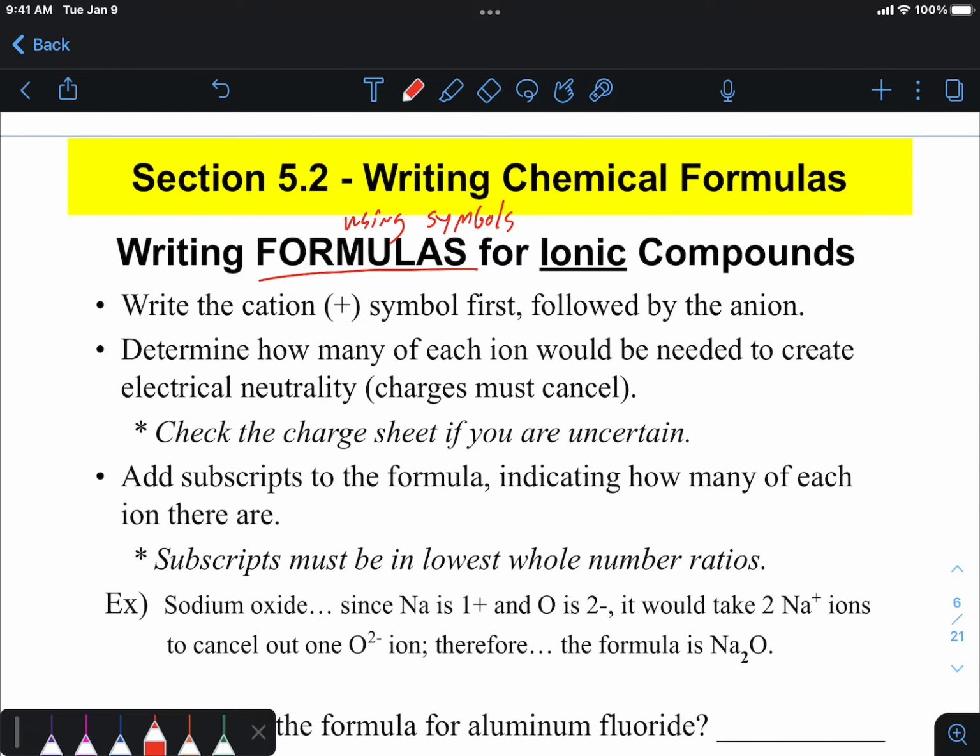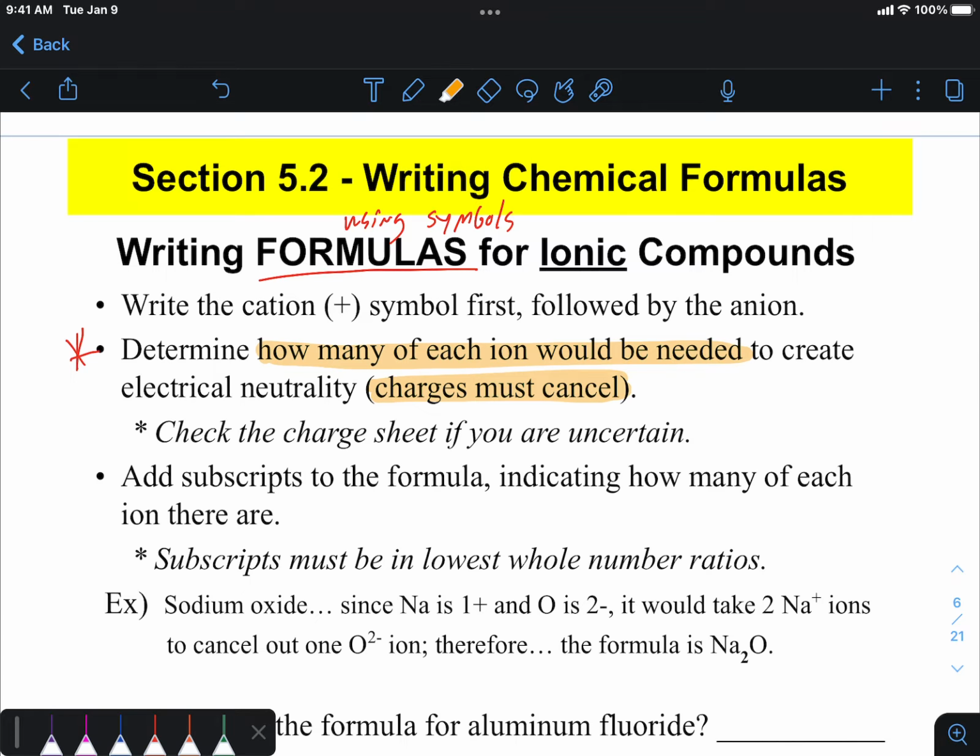So the first thing you do is you write the cation symbol first, so the positive ion first. The anion comes second. Now the thing with this is this can be kind of tricky because you have to determine how many of each ion would be needed, because the charges must cancel out.